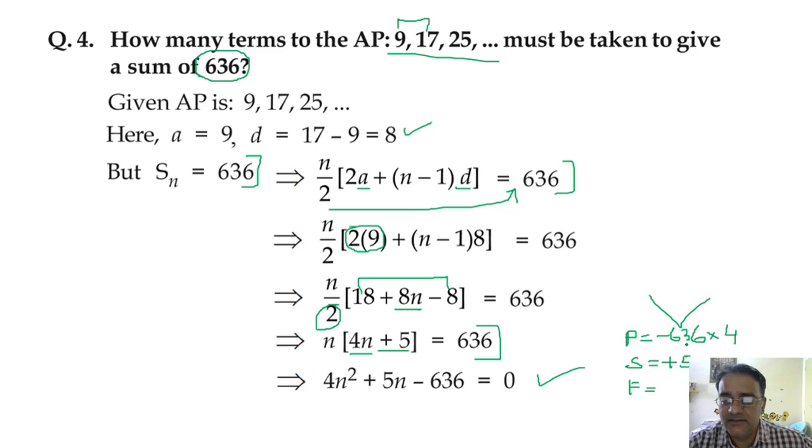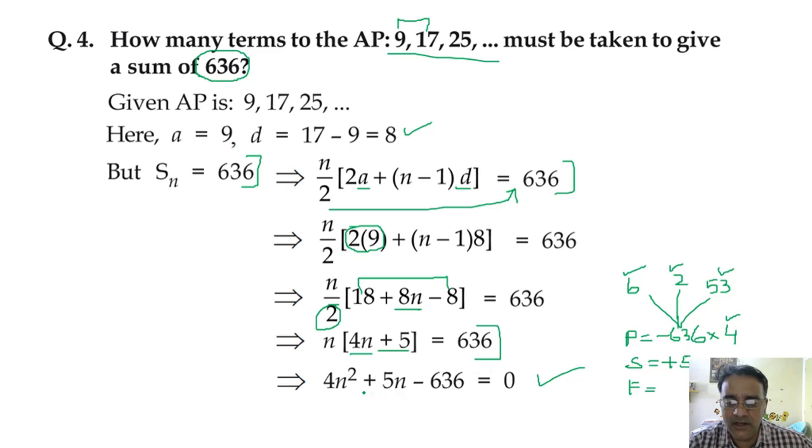Minus 636, you can split it into 6 into 106. 106 you can further split into 53 into 2. So we are getting the factors 4, 53, 2, 6.